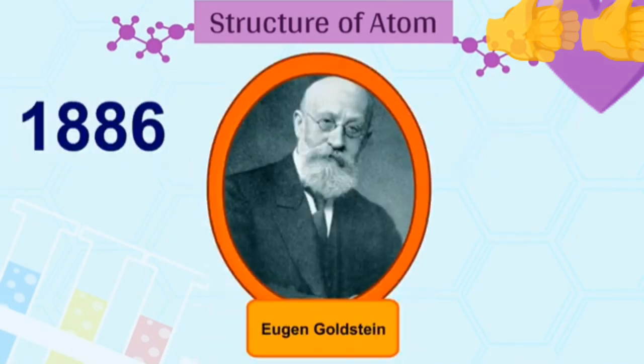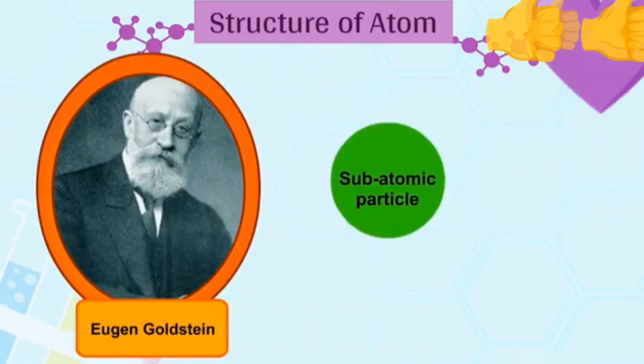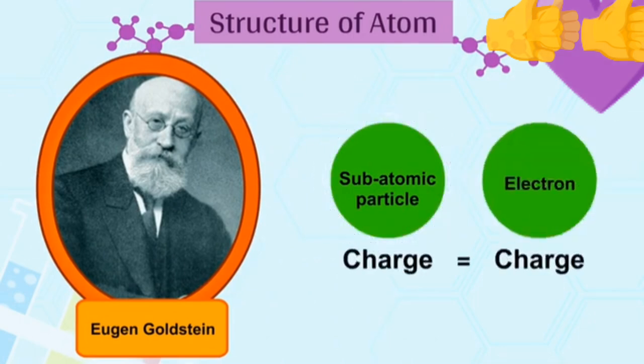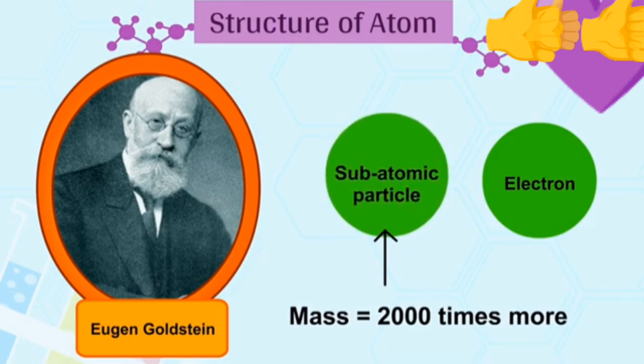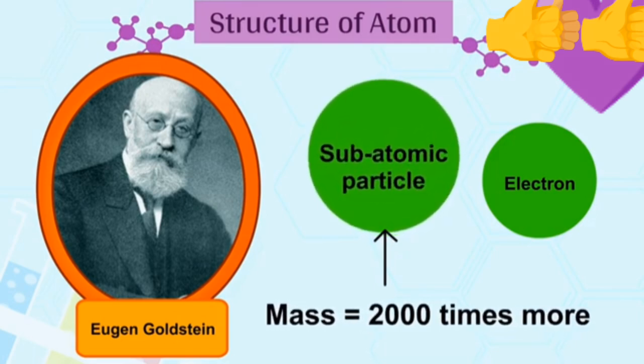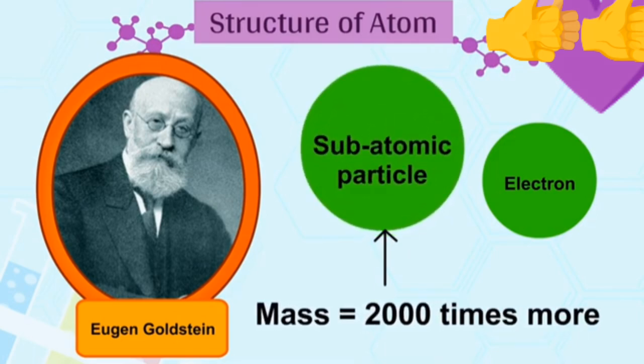In 1886, E. Goldstein discovered another subatomic particle whose charge was equal to, but opposite to the charge of the electron, and the mass was approximately 2000 times more than the electron. These particles were named proton.